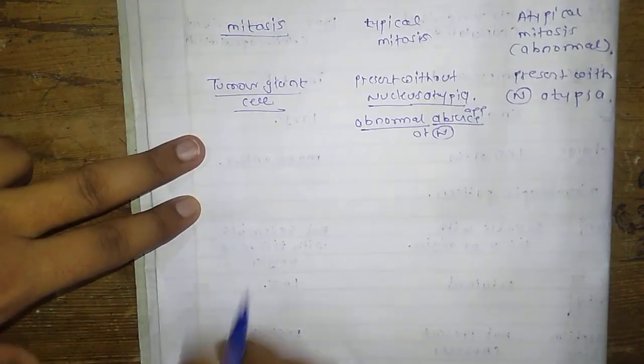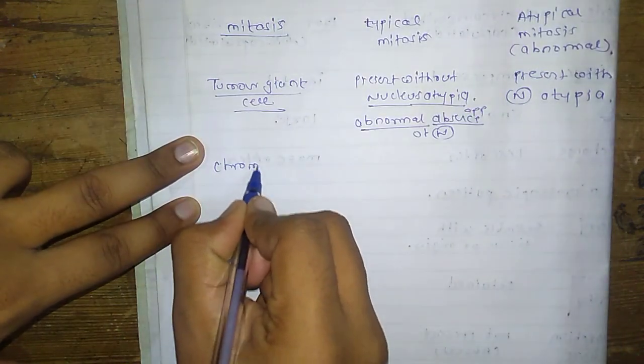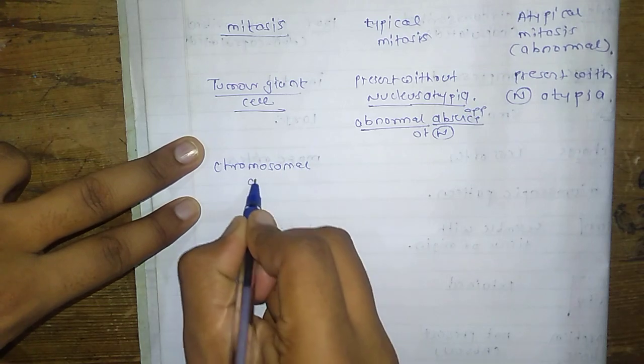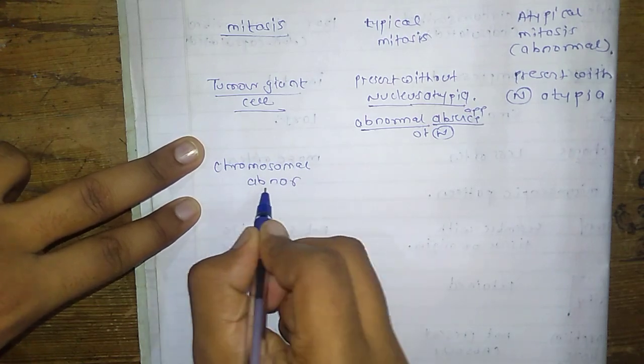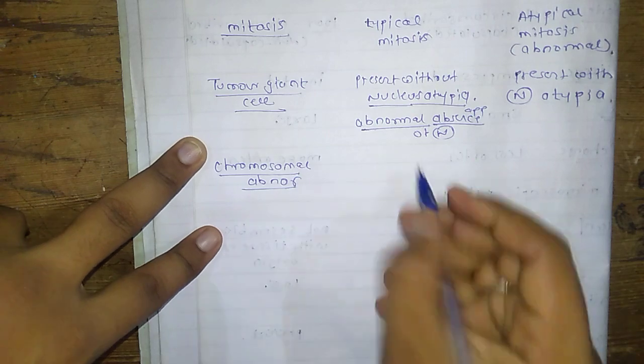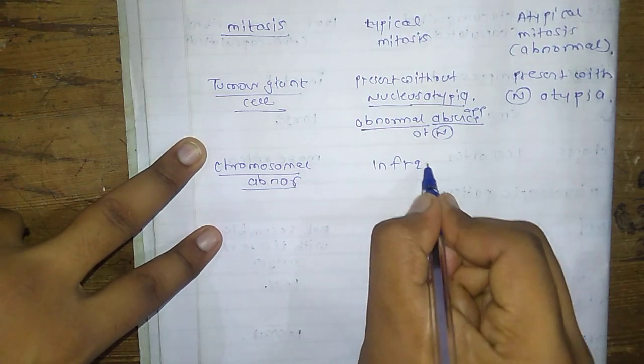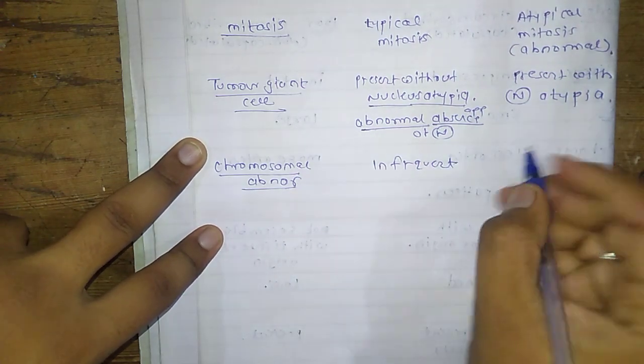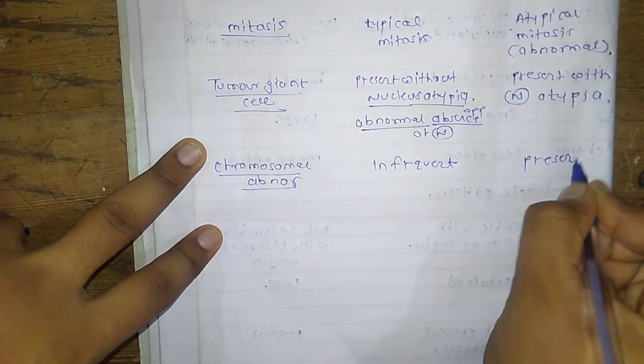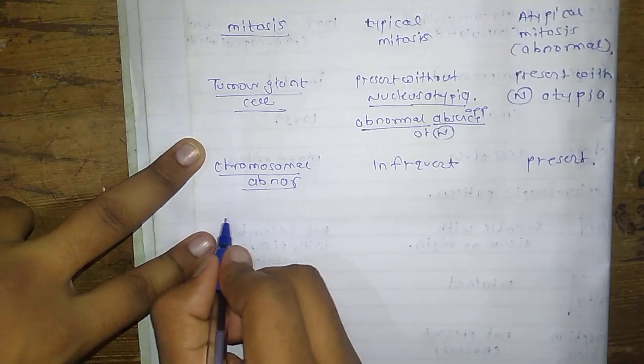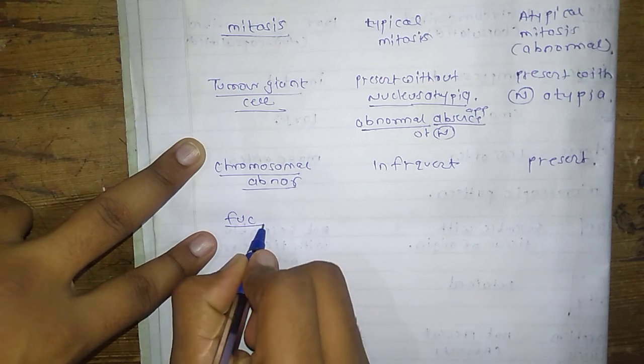Then we go toward chromosomal abnormality. Chromosomal abnormality is infrequent in the benign tumor and it is present in the malignant tumor. Then we go towards the functions.